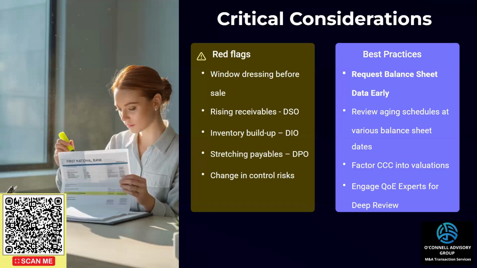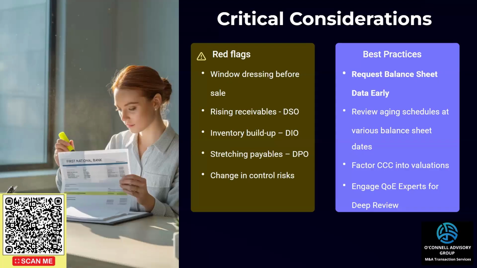Suppose a customer balance is aged more than 90 days, it could mean that it is disputed by the customer, hence the customer is not paying, and it is a potential bad debt. And so accordingly, you would want to reduce that balance in the respective month where the sale was made, so that the EBITDA which you are paying for does not include that sale which will not be collected.